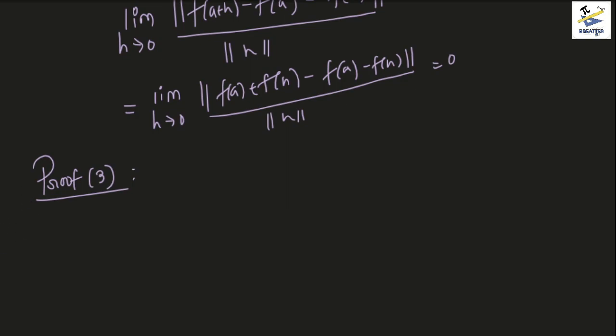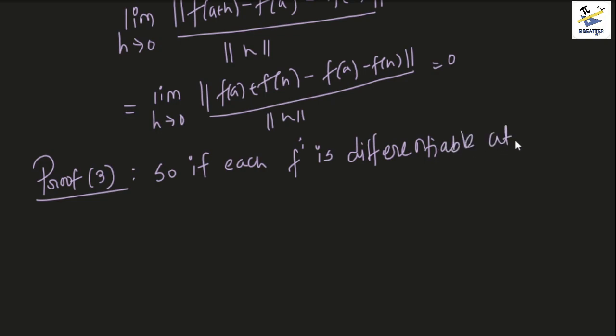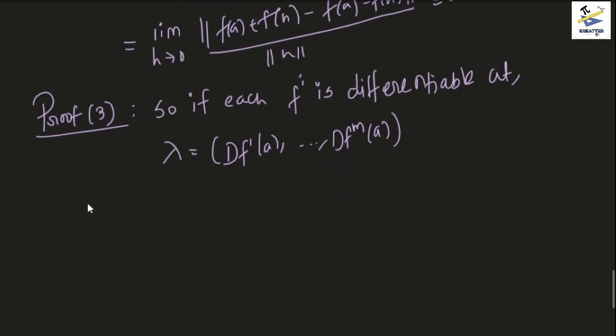Now we can assume that each fi is differentiable at a, and we are claiming that the derivative is this. Now what we want to prove is that the limit is 0.